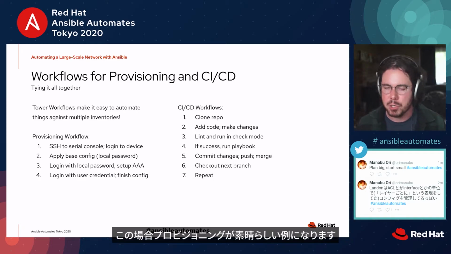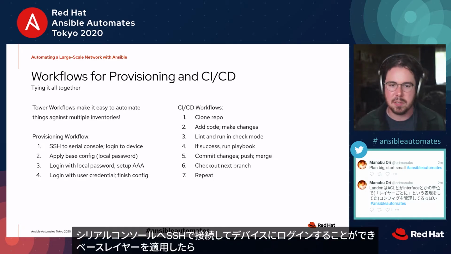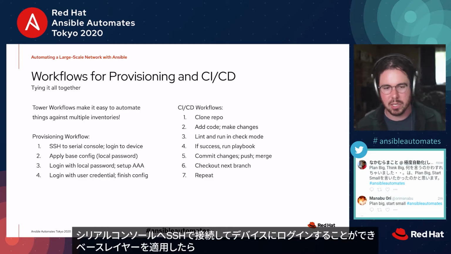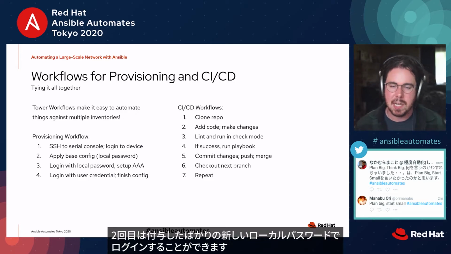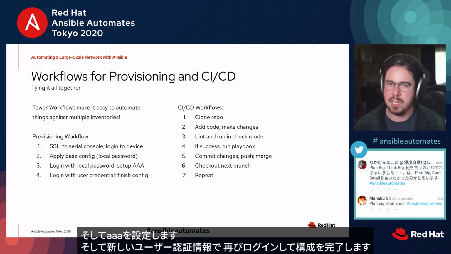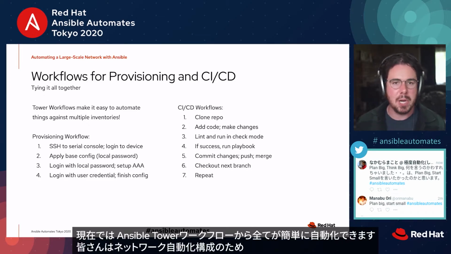So in this case, provisioning makes a great example. You can SSH into a serial console and then log into a device. You apply your base layer and then log in a second time with that new local password that you just supplied. And then set up AAA and then log in again with your new user credential and then finish your configuration. All that can be automated very easily nowadays through a Tower workflow.